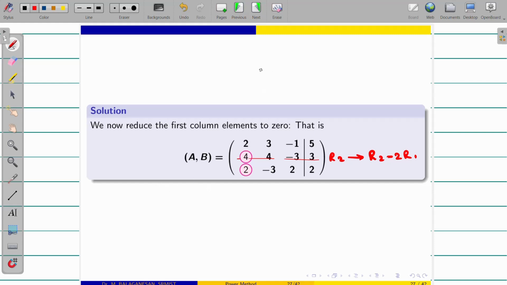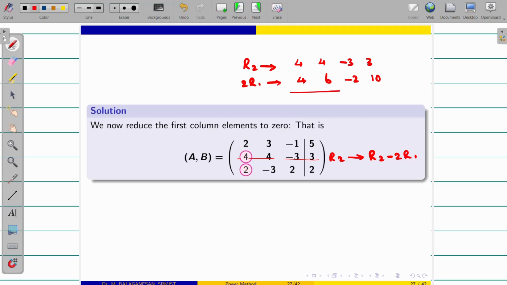So I'll write the explanation here. What is R2? R2 is 4, 4, minus 3, 3. Okay, good. Then 2 into R1, or directly you can multiply by minus 2 R1 also. 2 into R1 will be 4, 6, minus 2, 10.